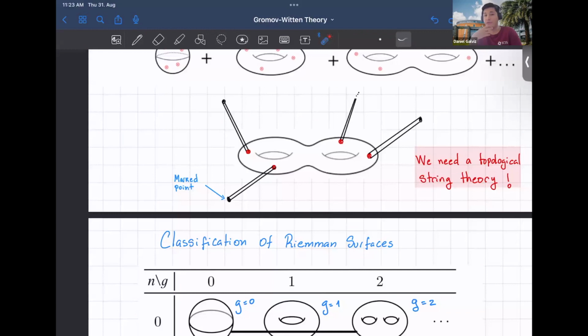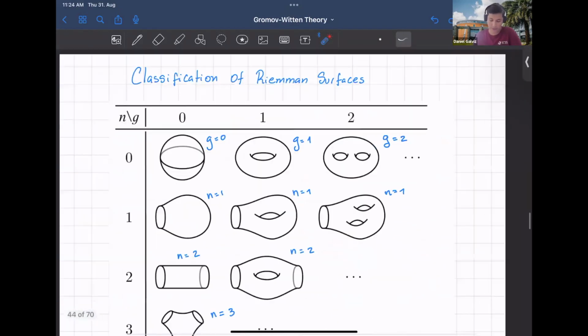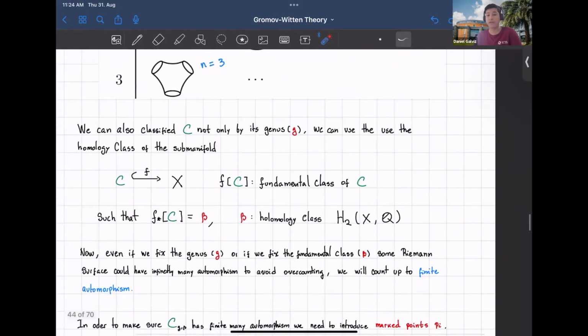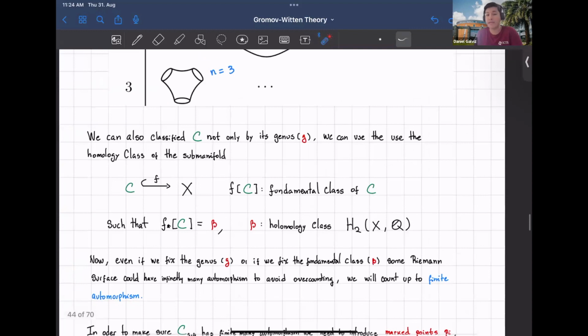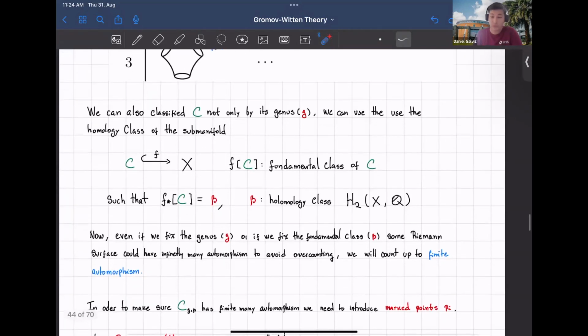Otherwise, even if you don't have marking points, but you have a surface of genus 2, then this will have a finite moduli space. So this is in order to have everything well defined for every case. Otherwise, you cannot really define the path integral, because the path integral is counting all from genus 0 to genus n, and then you need to put this restriction to make the path integral make sense.